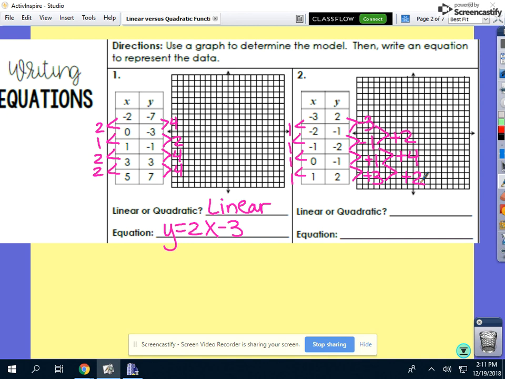If you look at the differences again, the pattern still stays symmetrical. The difference from -3 to -1 is +2, from -1 to +1 is 4, and from +1 to +3 is 2. When your patterns remain symmetrical, you have a quadratic equation.